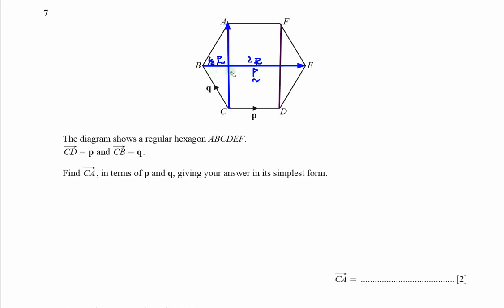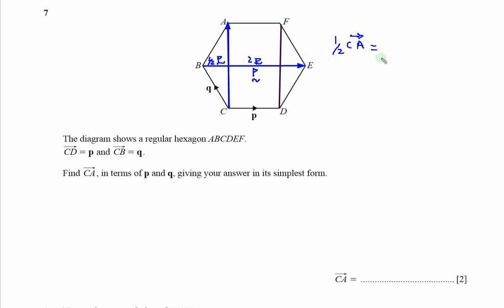Okay, now let's find this vector. Let's say half of CA. Half of CA is from here to here.